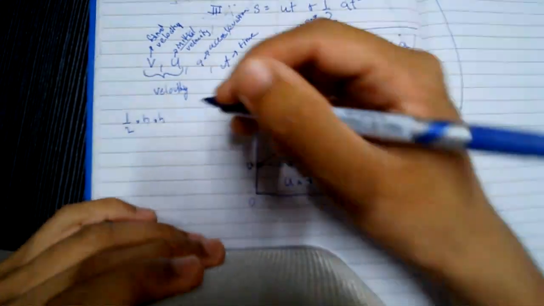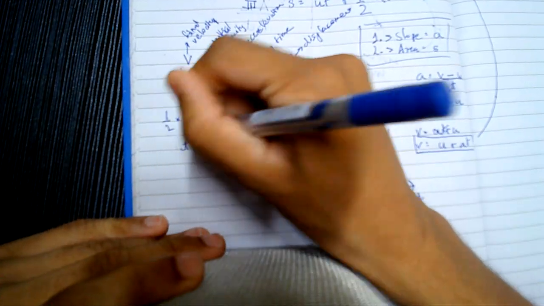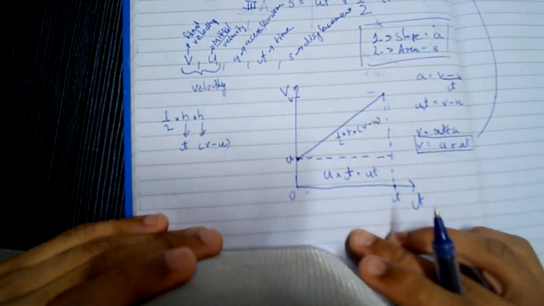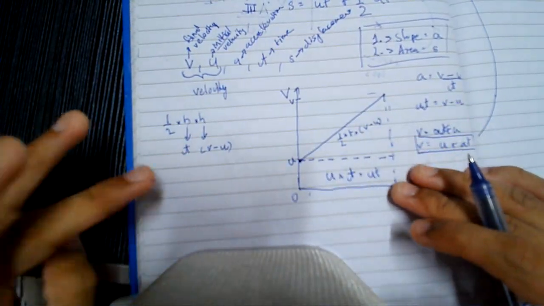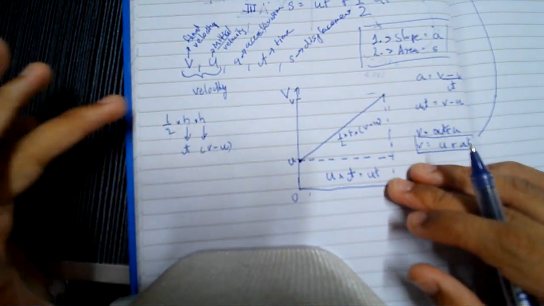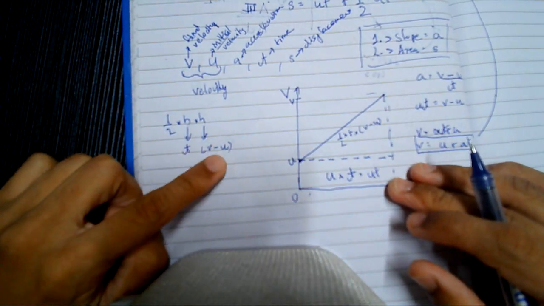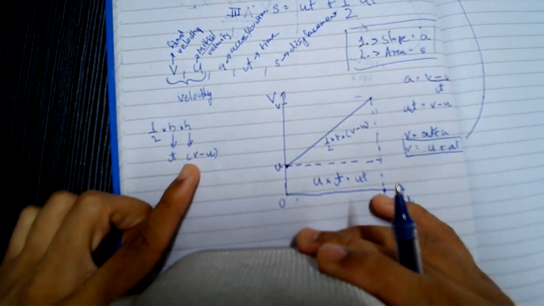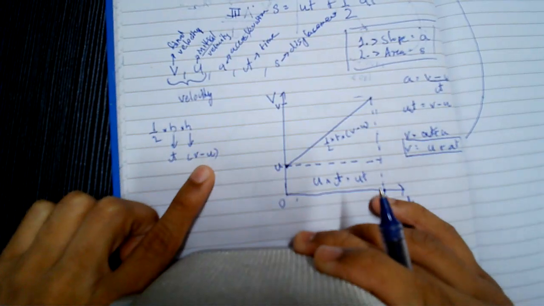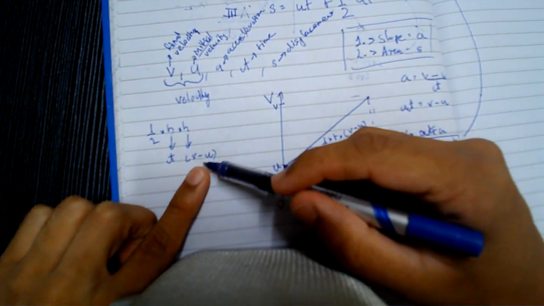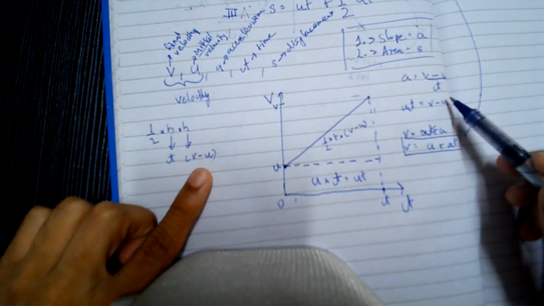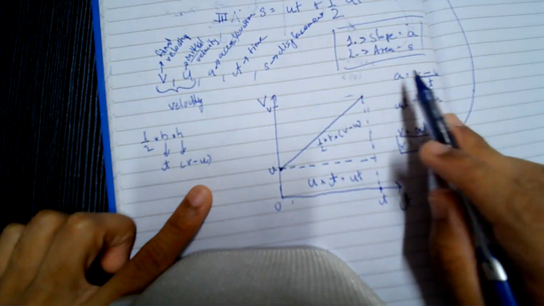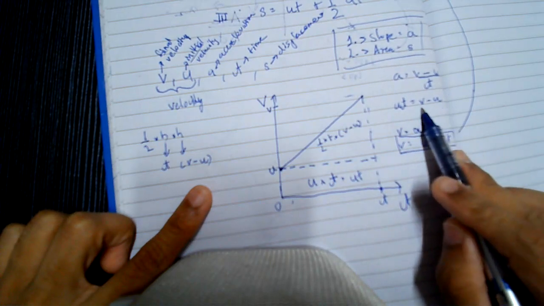So the breadth we found is t, and the height I got is v minus u. Cool. Now, I don't want a minus in my multiplication over here, so I want to replace this with something that could make it simpler. If you remember, the same thing can be found from our first equation: a is equal to v minus u over t. Transpose t to this side: at is equal to v minus u.